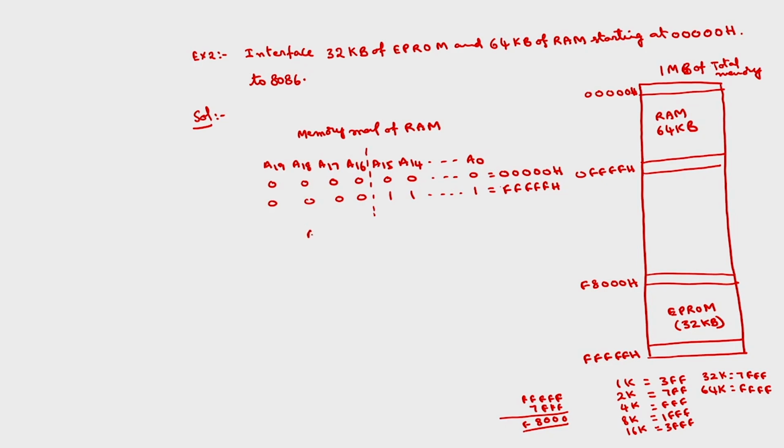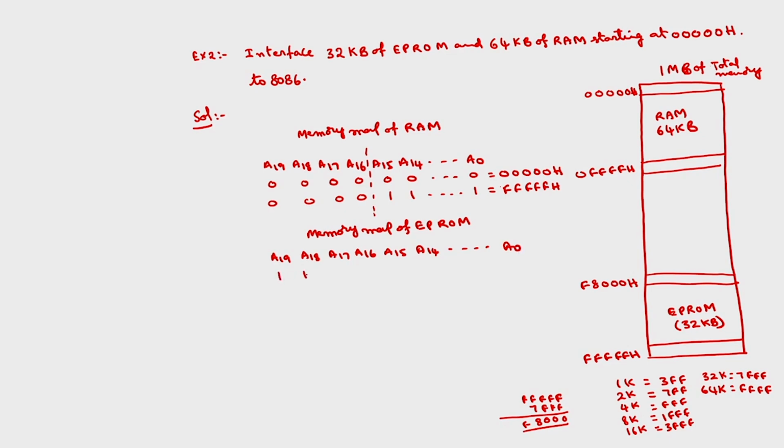Similarly, what is the memory map of the EEPROM? A19, A18, A17, A16, A15, A14, and so on up to A0. The starting address is F8000H.